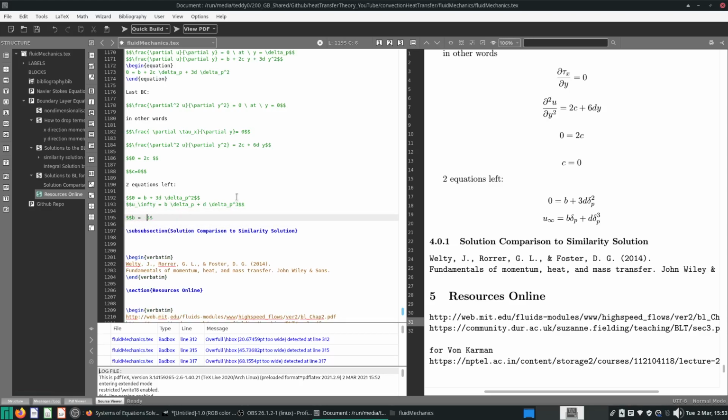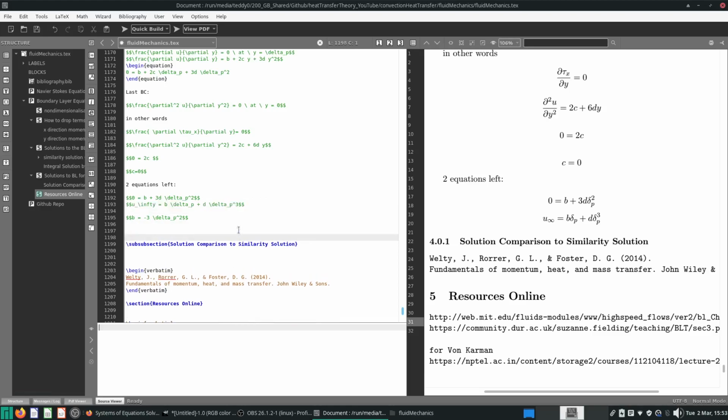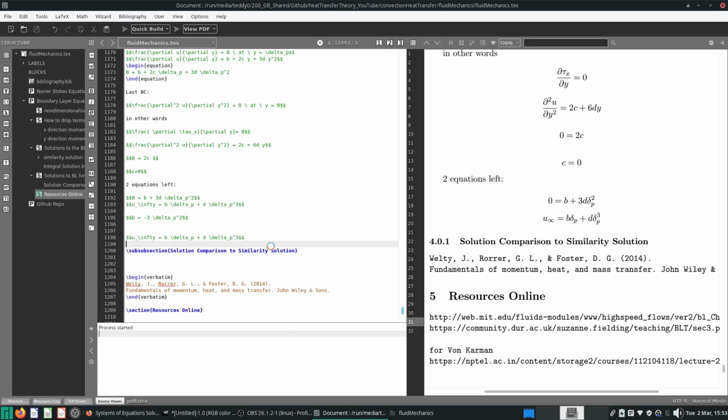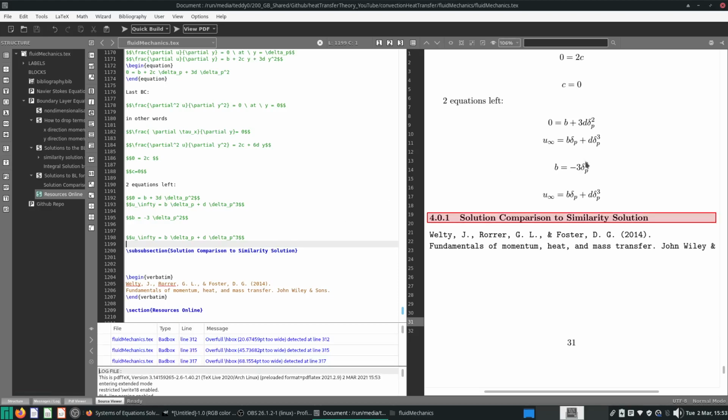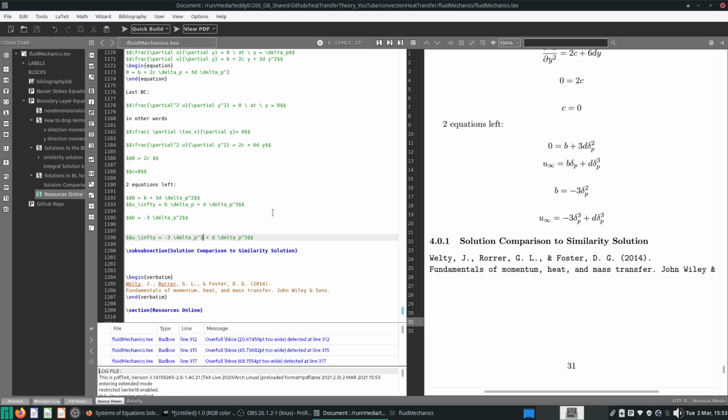Substituting, we have minus 3 delta p cube plus d delta p cube.